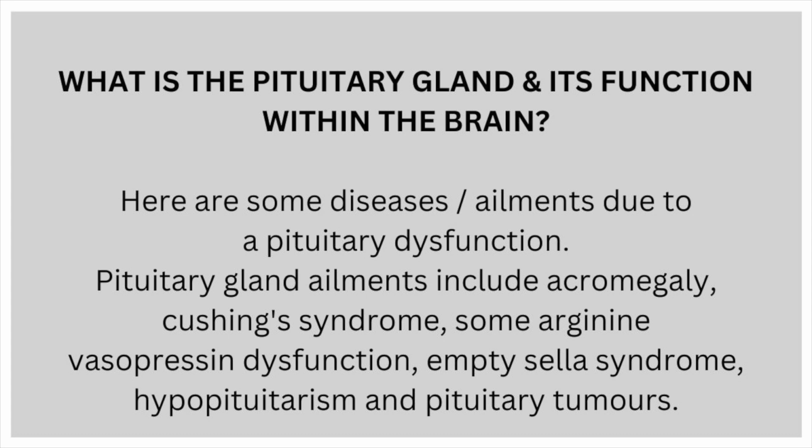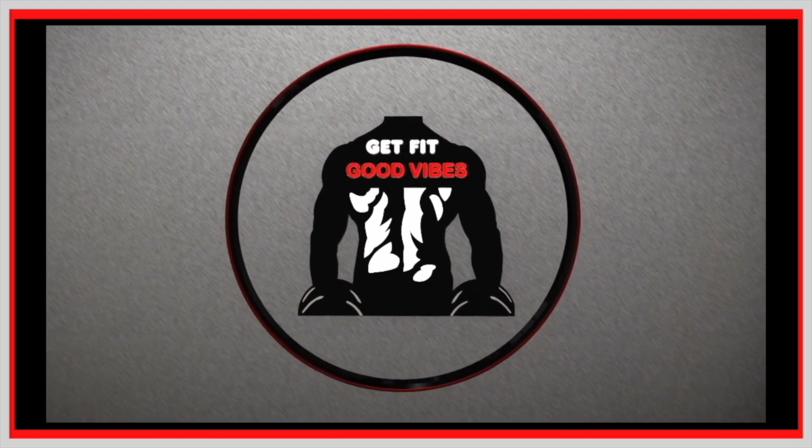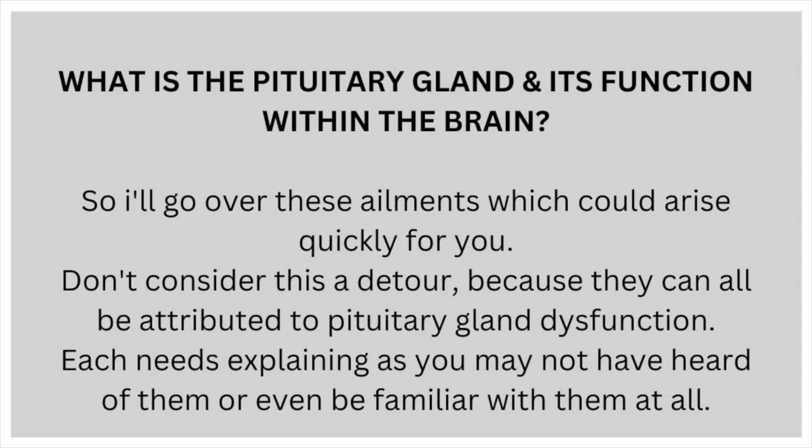Hypopituitarism. That's a big tongue twister, that one. Hypopituitarism and pituitary tumors. So I'll go over these ailments which could arise quickly for you. Don't consider this a detour because they can all be attributed to a pituitary gland dysfunction. Each needs explaining, as you may not have heard of them or even be familiar with them at all.